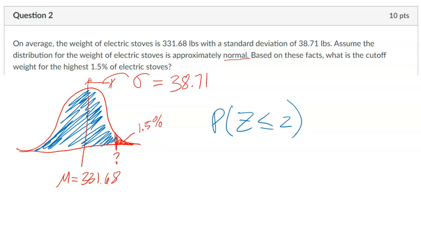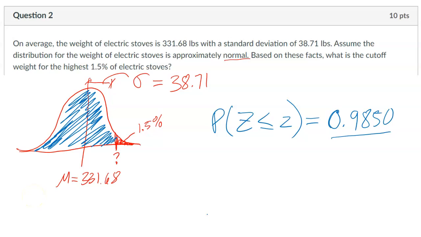Now we want to know the number that has 0.9850 as its percentile. Why this number? Because if you remember, the sum of whatever is here in blue and red should be 1, or 100%.